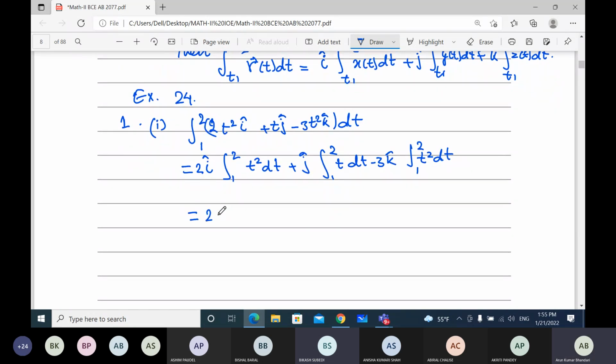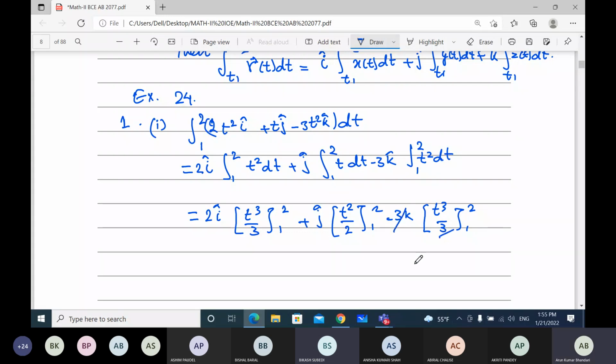Nothing new here. Twice i t cubed over 3 from 1 to 2, plus j t squared over 2 from 1 to 2, minus 3k t cubed by 3 from 1 to 2.